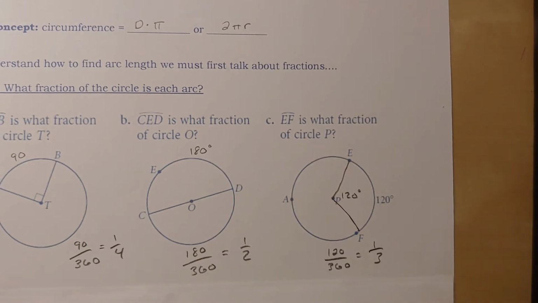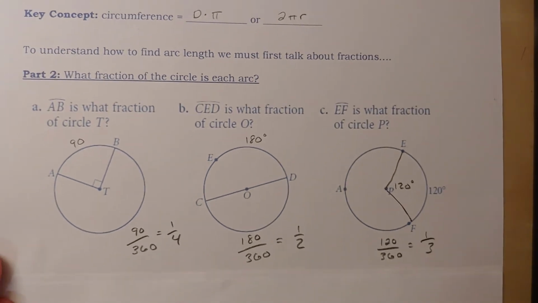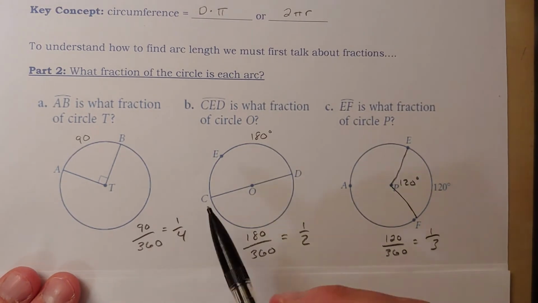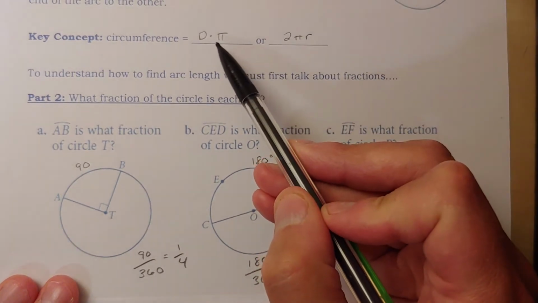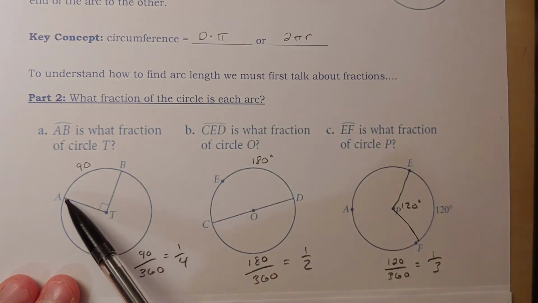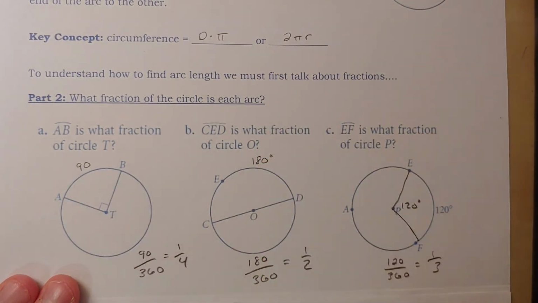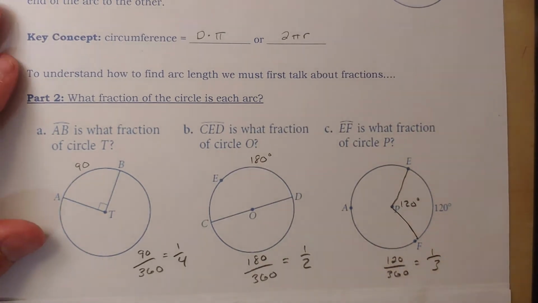This gives us a clue as to how we're going to find arc length. If I know how to find the circumference of a circle, and I know what fraction of a circle the arc is, then I can multiply those two things together, and that would give me the arc length.